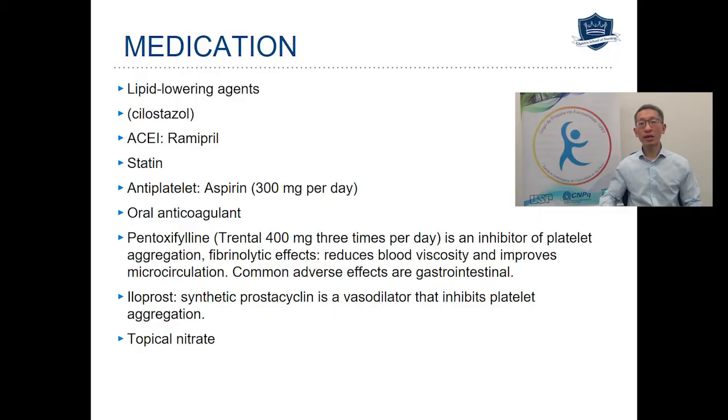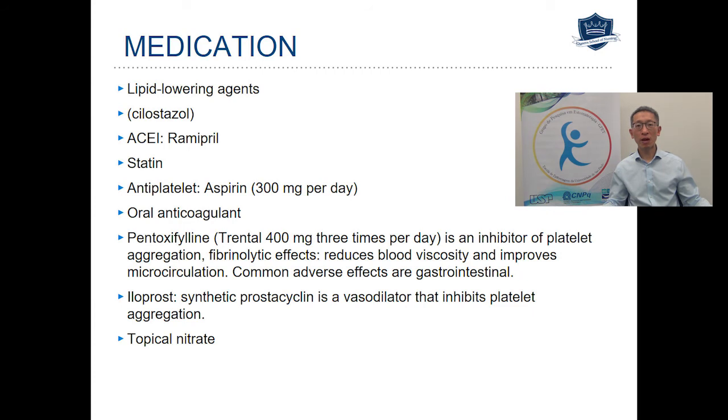Of course, there is a long literature around the use of medication. We know that we need to address some of the key risk factors, so using lipid lowering agents. In the United States, they have cilostazol, a vasodilator, and there are some interesting papers or studies looking at antihypertensive medication.